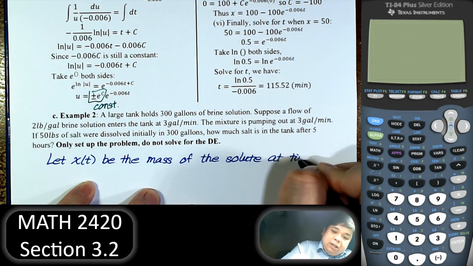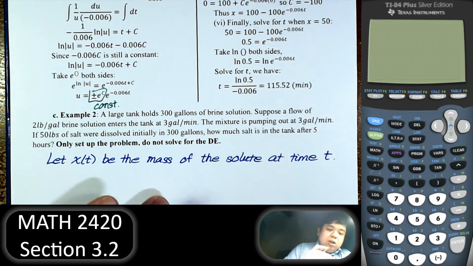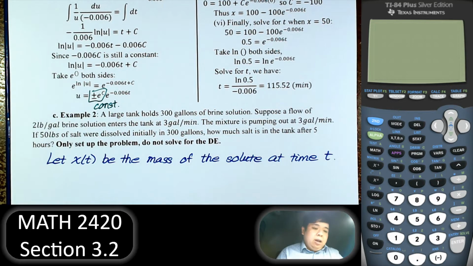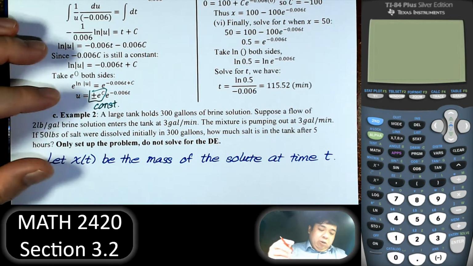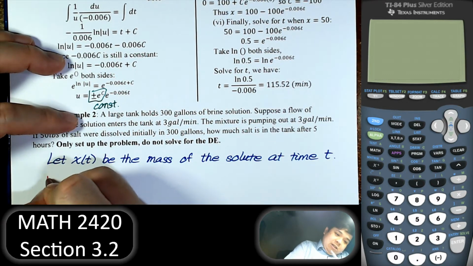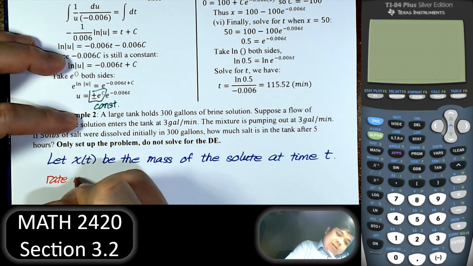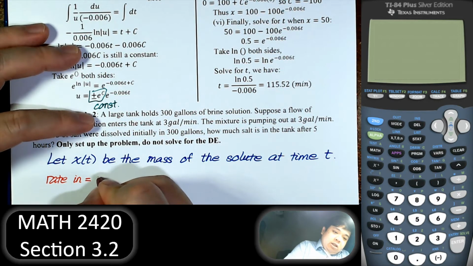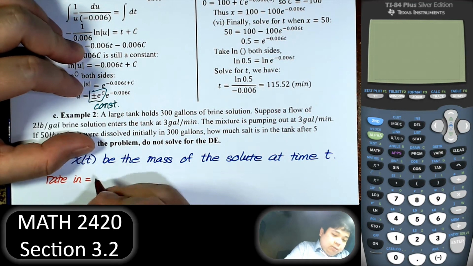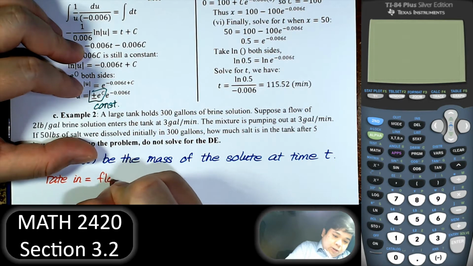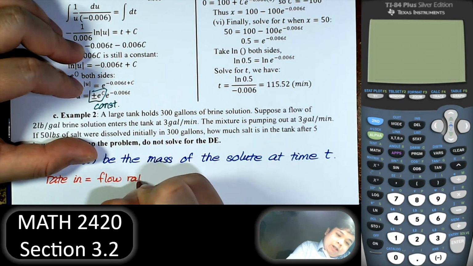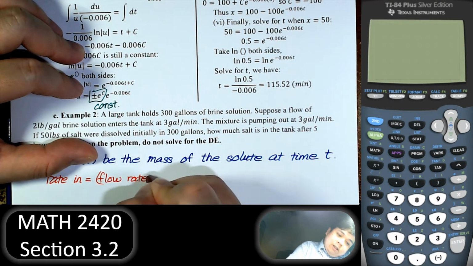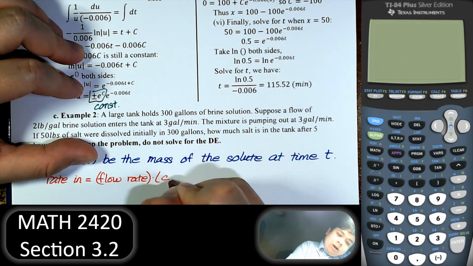at time t. So usually we start with that. Next, the in rate, the rate that is coming in. It is equal to the flow rate times concentration.